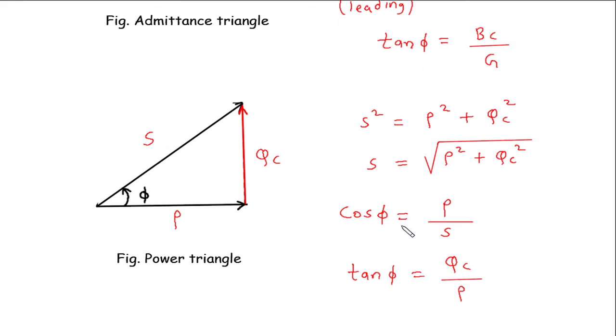Then cos phi is again adjacent side divided by hypotenuse. So the adjacent side is P and the hypotenuse is this S. So cos phi is equal to P by S, and tan phi is equal to the opposite side, that is QC, divided by the adjacent side. The adjacent side is P.